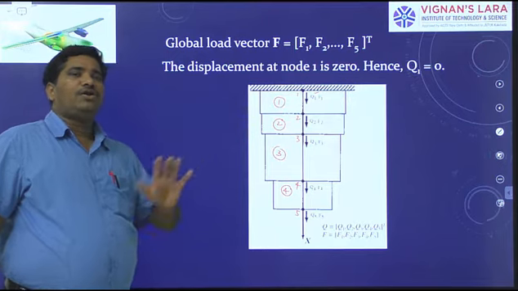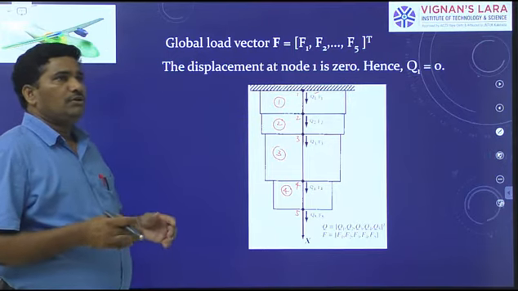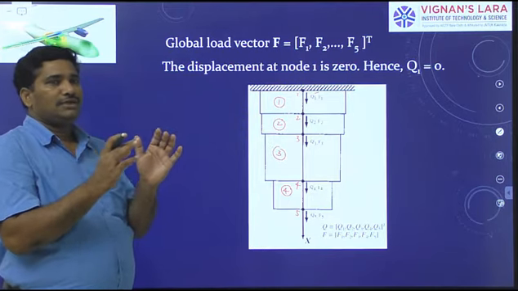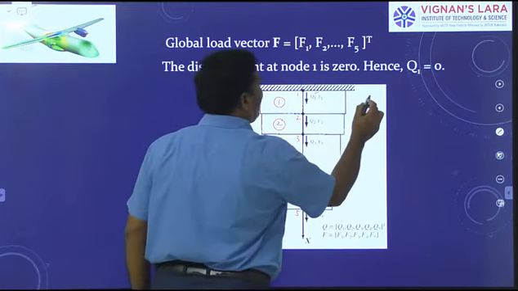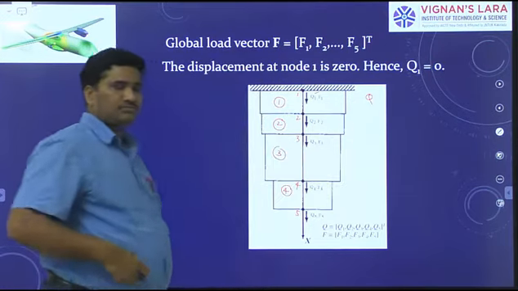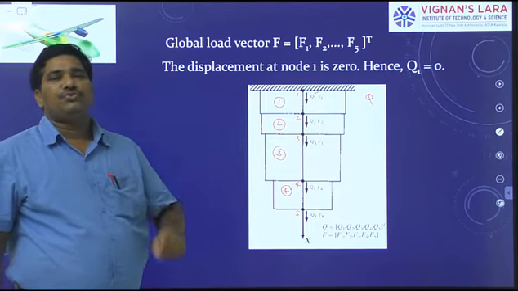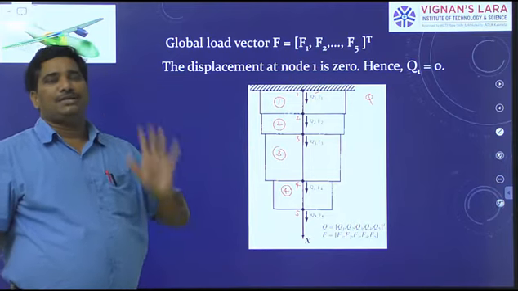Here we follow a convention. We use capital letter Q for global displacement and the small letter q for nodal displacement of the element.